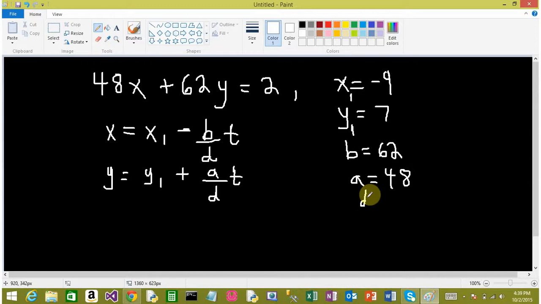And then we know d is equal to 2. And then t we just leave alone because that's our independent variable, where you can plug in any integer for t. So we'll just make a note here: t is an integer.